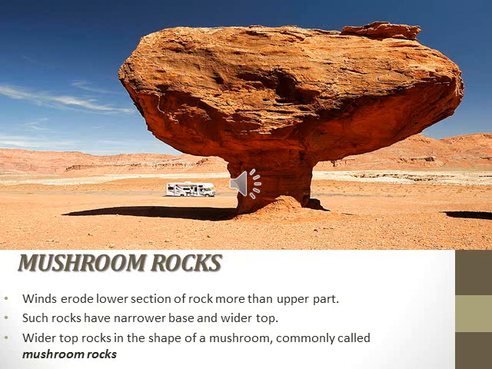The wind erodes the base of the rock, so it looks like a mushroom. Rocks with a wider top in the shape of a mushroom are commonly called mushroom rocks. When the wind blows over rocks made of hard rock in the upper part and soft rock in the lower part, the soft lower part gets eroded, so these rocks have a narrow base and wider top.